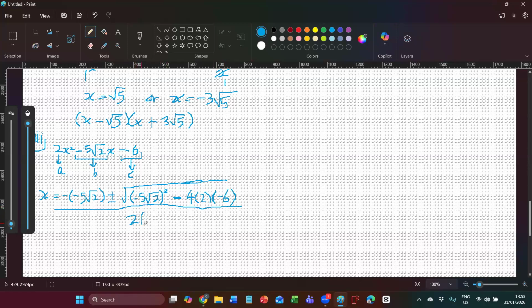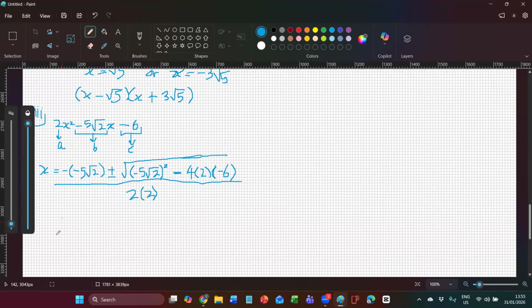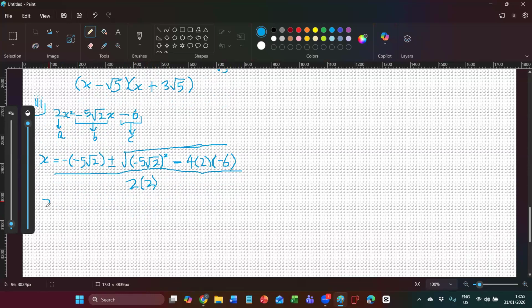Finally, 2 now has a partner that's not 1. Okay, so of course, I'm sure you can see what's going to happen there. X will be equal to the minus minus will become plus. So I'm just left with 5 square root of 2, plus or minus.